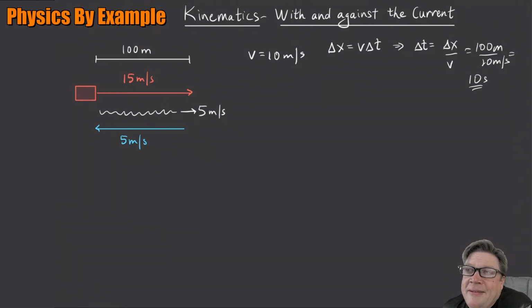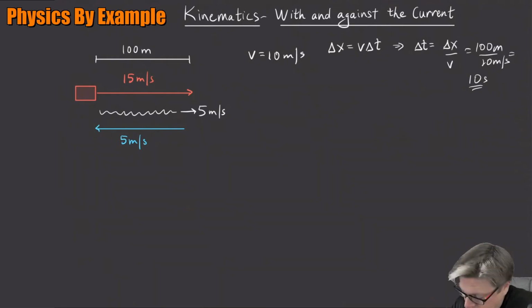The reason this is at least a little bit interesting is that, naively, you might say, oh, I'm having 5 added one way and then subtracted the other way, so it all comes out in the wash. So really, the current doesn't make any difference. It should take the same amount of time. For the whole trip there and back again, if there's no current, we said it was 10 seconds.